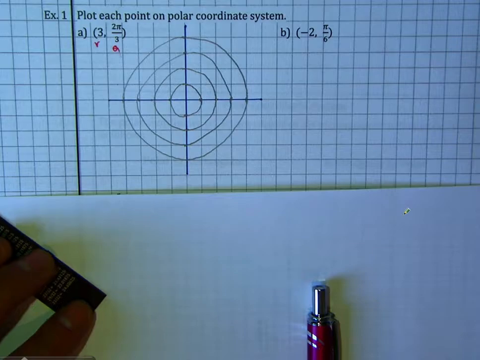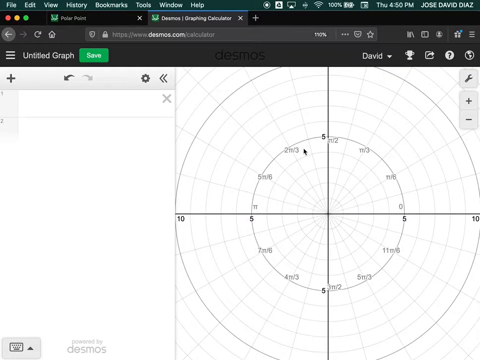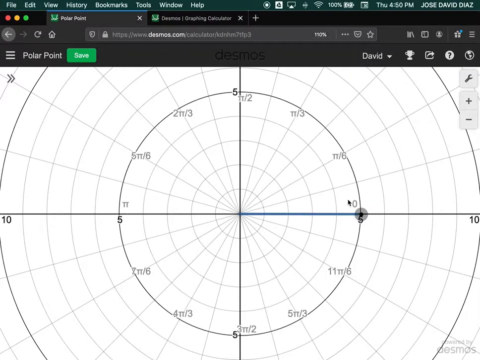So what we're going to do, we are going to first place our point as 1, 2, 3, and then we're going to rotate it to 2 pi over 3. 2 pi over 3 is over here. So that will be the point.